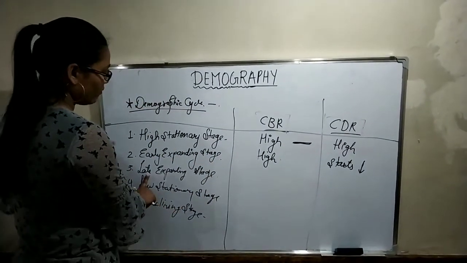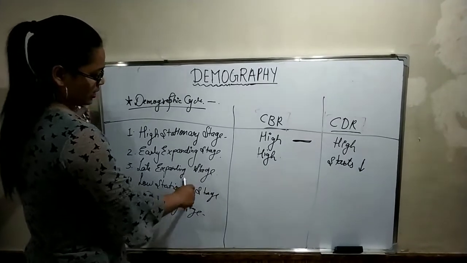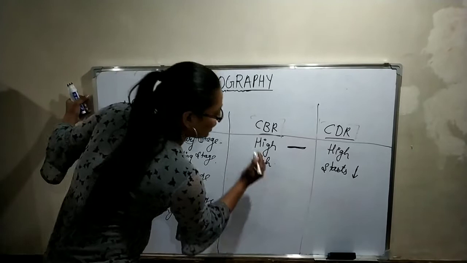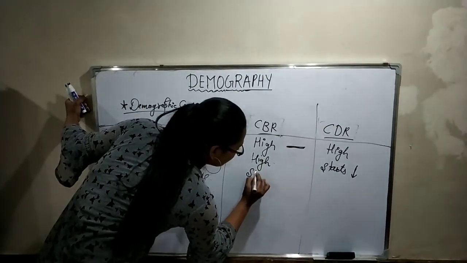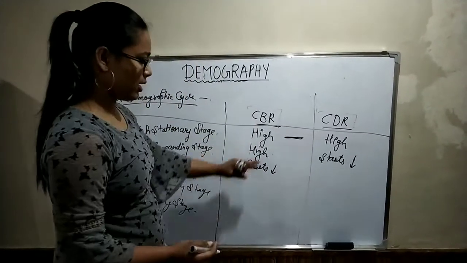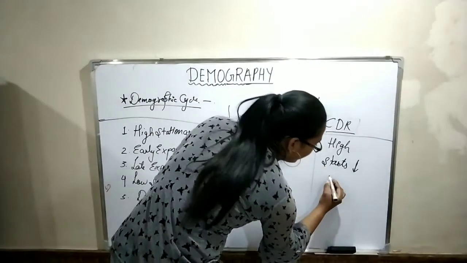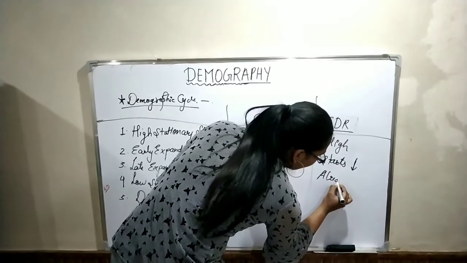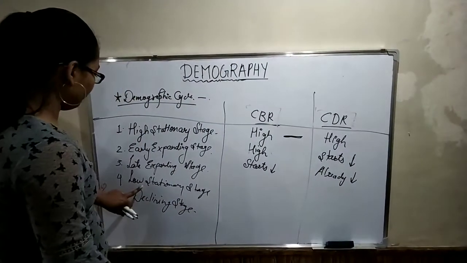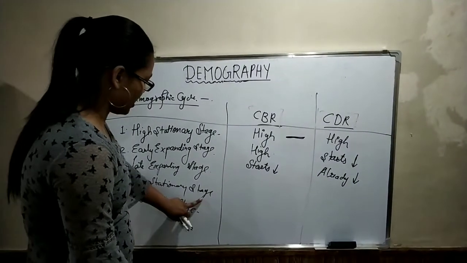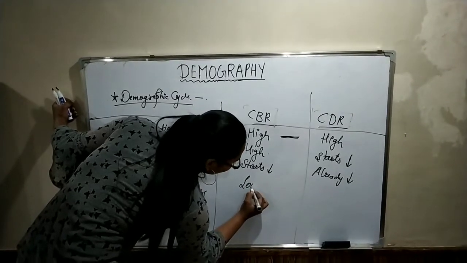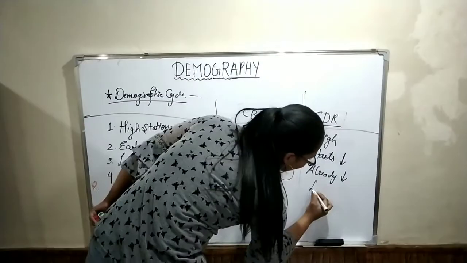Then if we talk about late expanding stage, in the late expanding stage crude birth rate also starts decreasing, and death rate is already decreasing. Then low stationary stage. In this the crude birth rate is also low and death rate is also low.